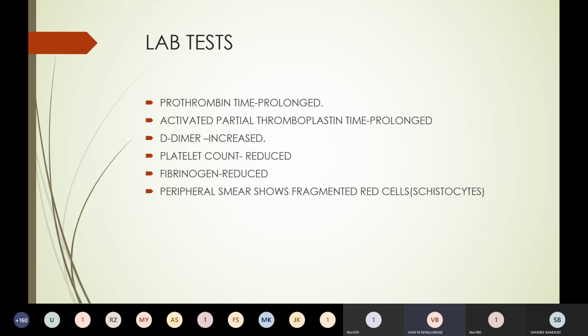Platelet count is reduced because of usage of platelets in the thrombus formation. Fibrinogen is reduced. Peripheral smear shows fragmented red cells called schistocytes. So, if a person has bleeding from multiple sites, think of DIC.